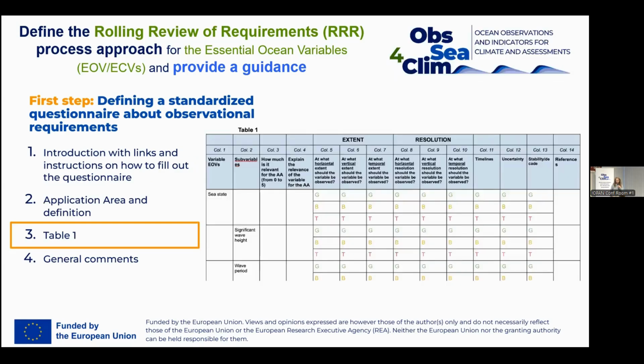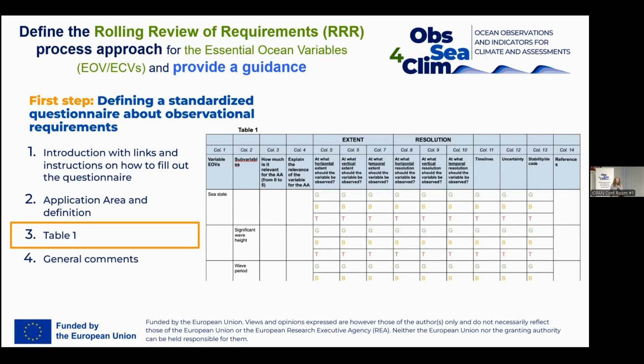There will then be Table 1, which is the main part of the questionnaire, and is organized like the OSCAR requirements. There will be some columns. In the first 2 columns, we will suggest the essential ocean variables and their subvariables, and then the contributor will fill it in. In the third column, they can say if the variable or subvariable is essential for that application area.